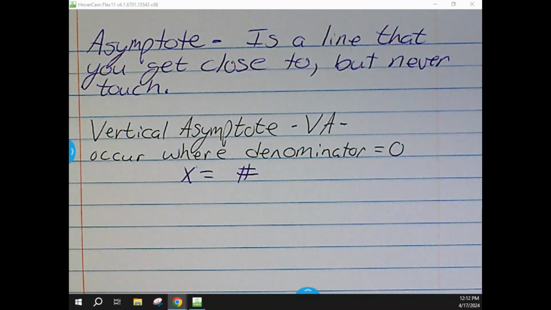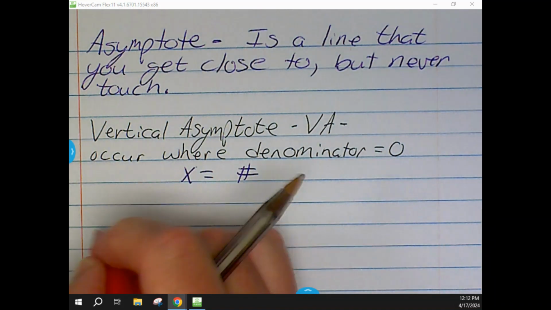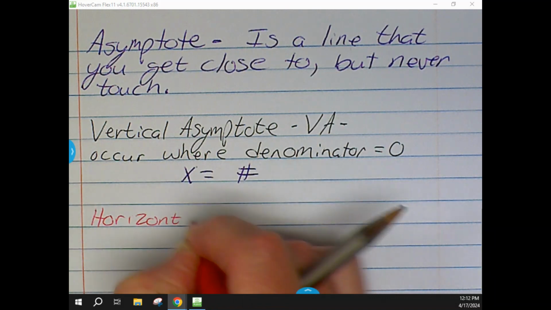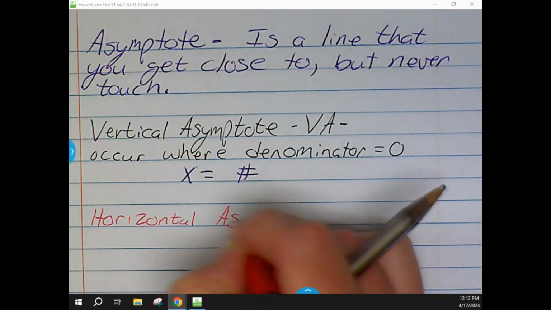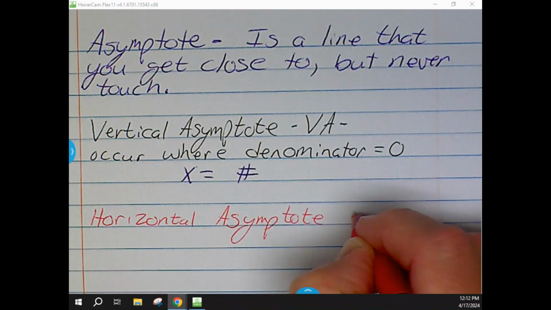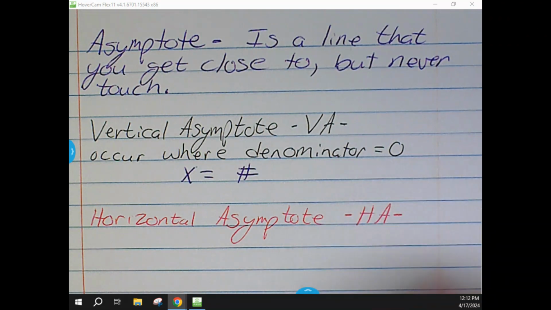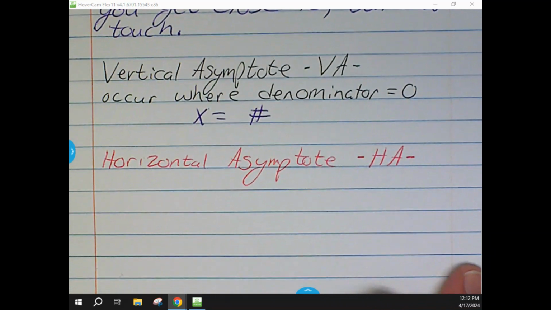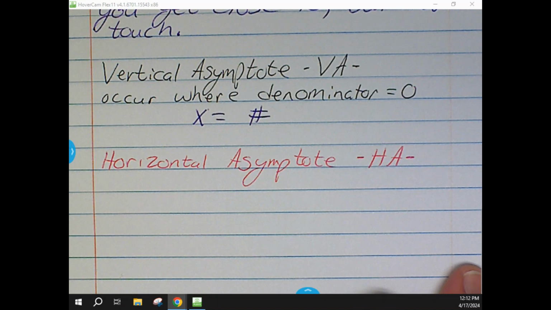All right. Your horizontal asymptote. Again, HA for short, just so we don't have to say horizontal asymptote every time. So when we're doing these, on the test, I may just put HA and VA so you can see what they are.